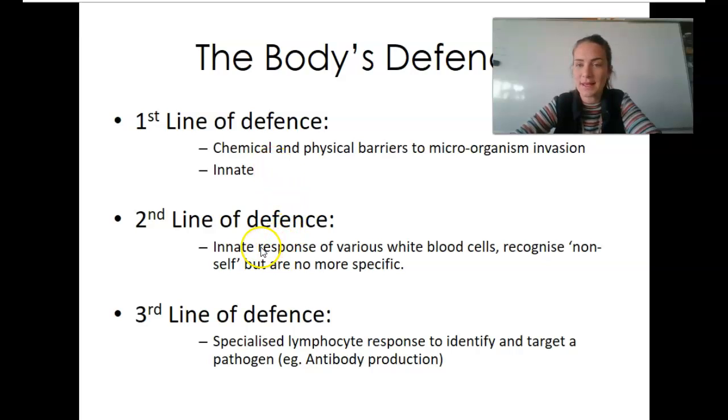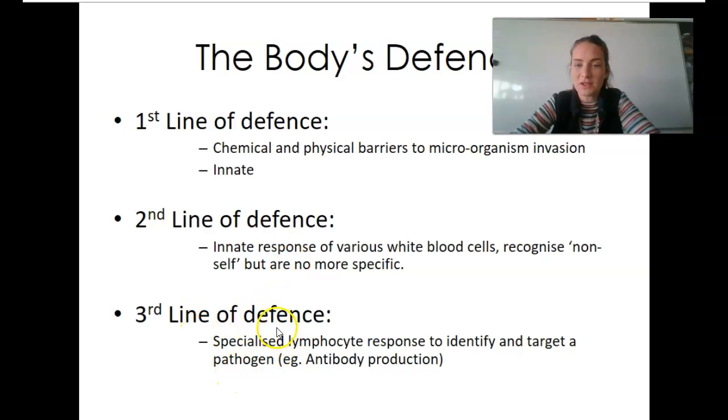Innate means that they are always present. They don't need to have encountered the pathogen before. They are detecting self and non-self. So always present, non-specific. So it's not that they are responding to a specific invader. It's just anything that is non-self or foreign needs to be kept out. So that's first and second line defenses.